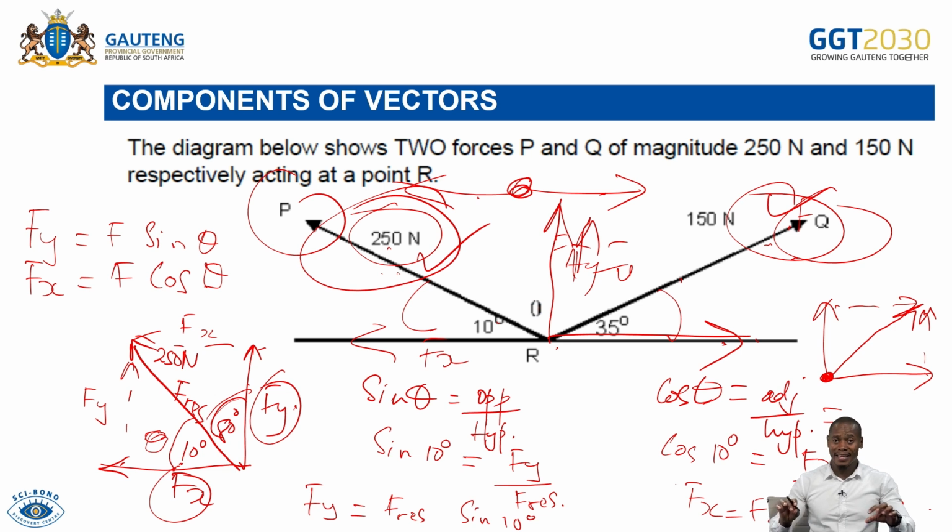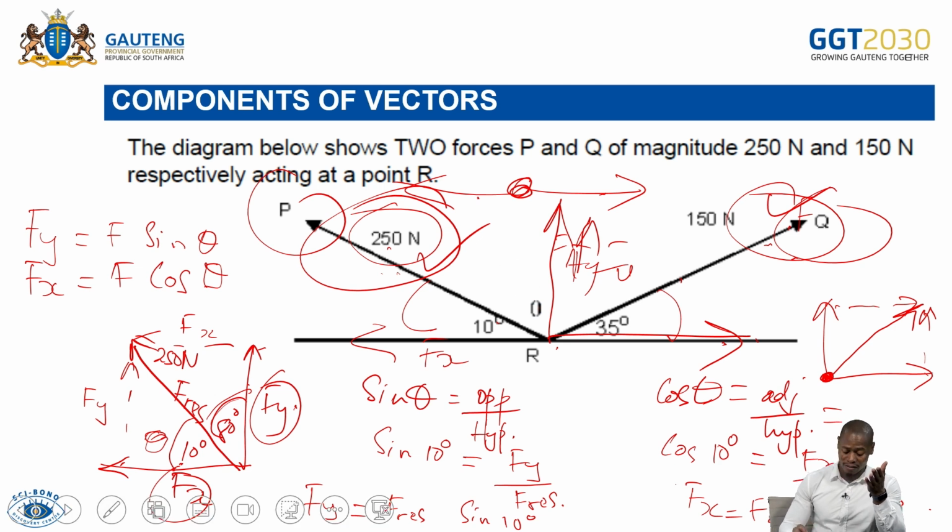The Fx's, right, they're acting along a horizontal straight line. Find their resultant. Then at the end, you will have only two forces that are perpendicular to each other. Then from there, how do you find their resultant now? Use Pythagoras theorem because they are perpendicular. You'll get the magnitude. How do you find the angle? Use tan theta. And then from there, you will get the resultant for these two forces.